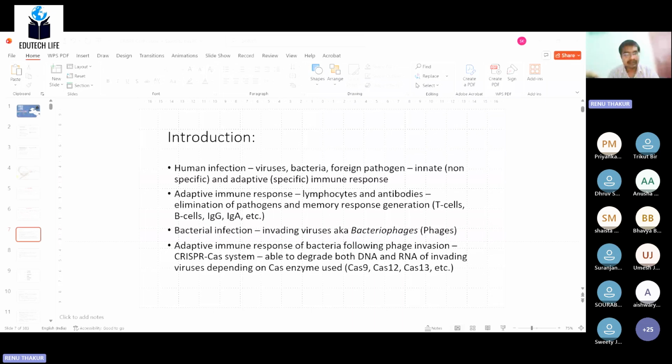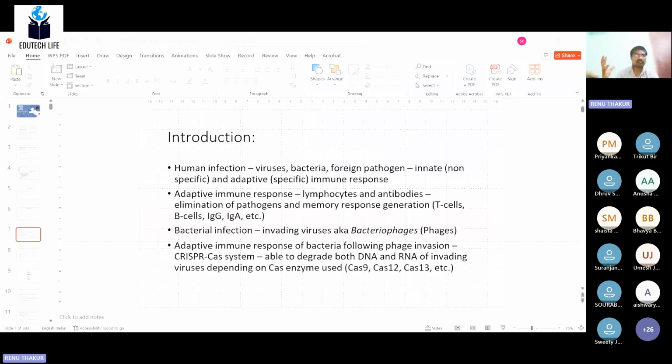Similarly, CRISPR-Cas9 is also one of the adaptive immune mechanisms in bacteria. You can consider your body is an E. coli cell. At the time of infection, the viral particle will infect the respective bacterium.